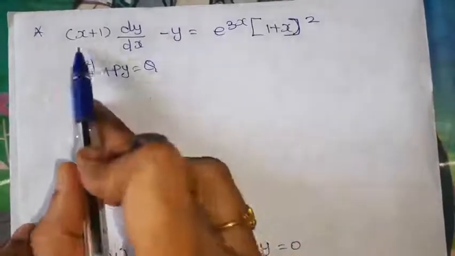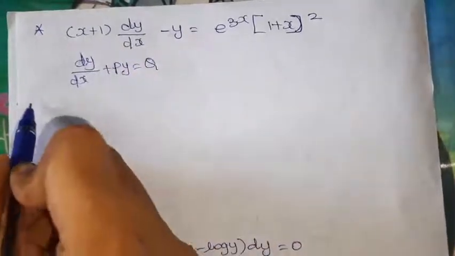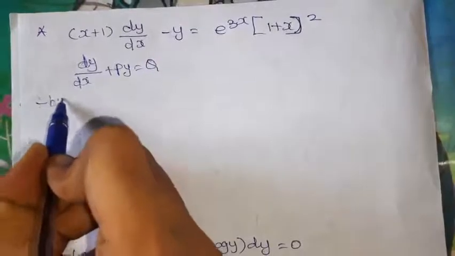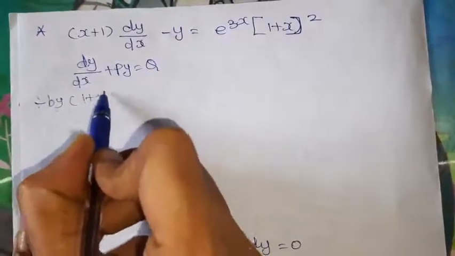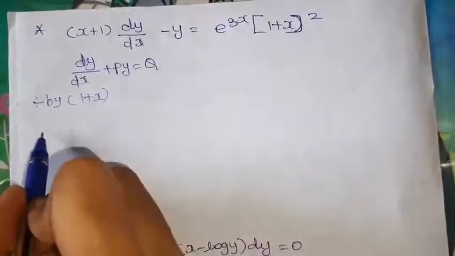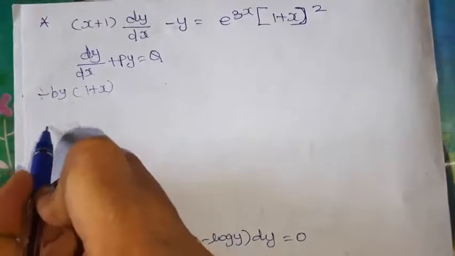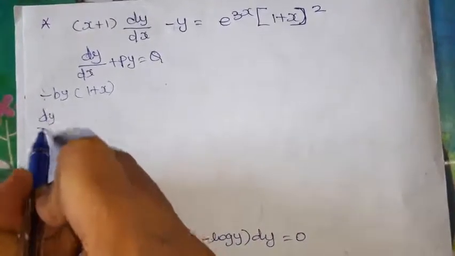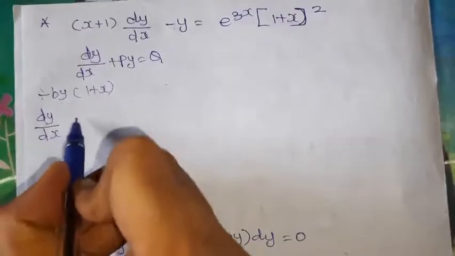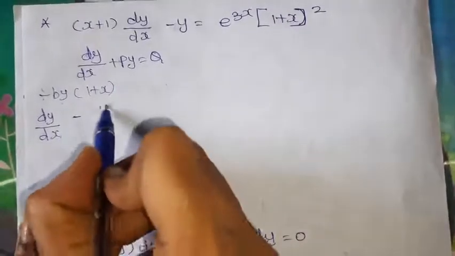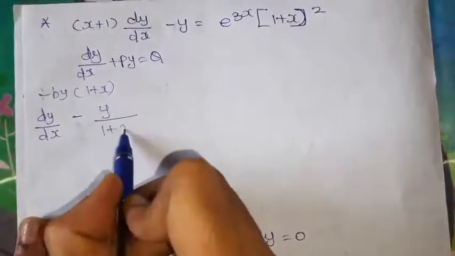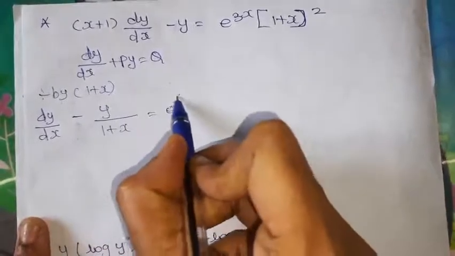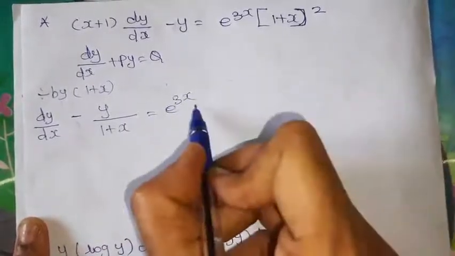So, divide by 1 plus x, or x plus 1, in this equation. What will we get? dy by dx minus y by (1 plus x) equals e power 3x into (1 plus x) divided by 1 plus x.